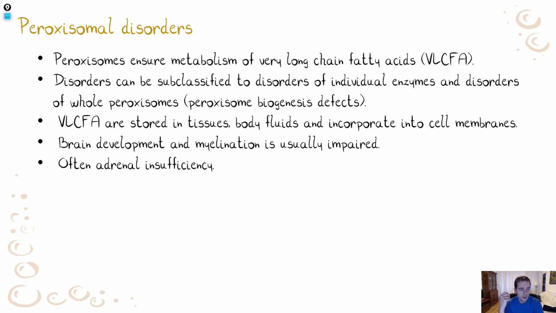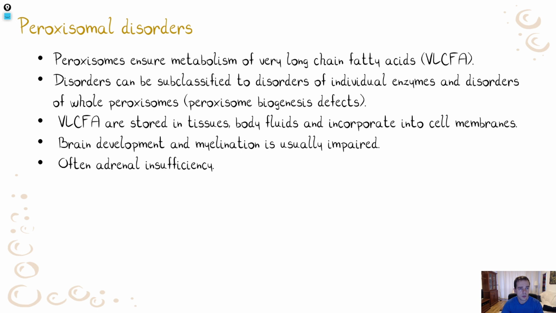Because of that, usually the CNS is affected, brain development is diminished or impaired, and usually myelination is also impaired. So the typical clinical manifestation is leukodystrophy. Very often it's accompanied by adrenal insufficiency.